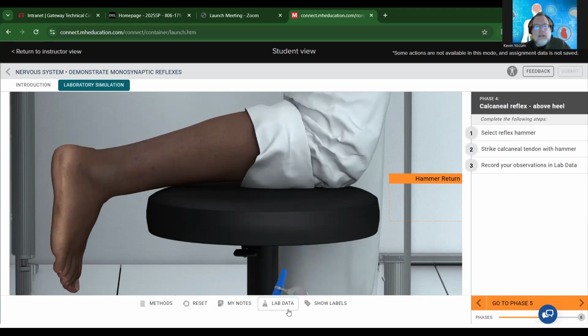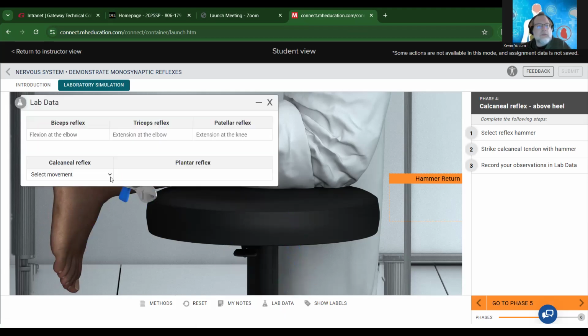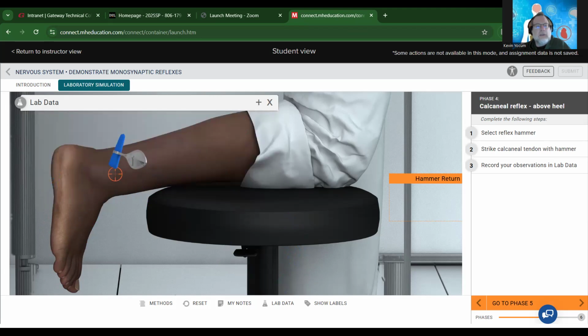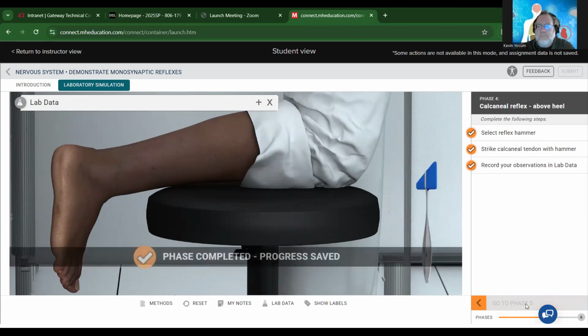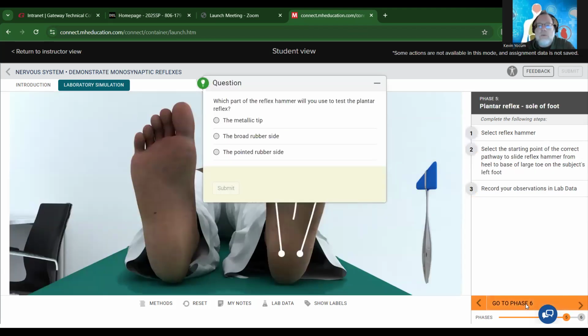So we call that plantar flexion. So the calcaneal reflex should give us what's called plantar flexion. If we click that and nothing happens, or if we click that and he does the opposite action, then we might have some spinal cord issues. All right, now we've got one more, I believe.